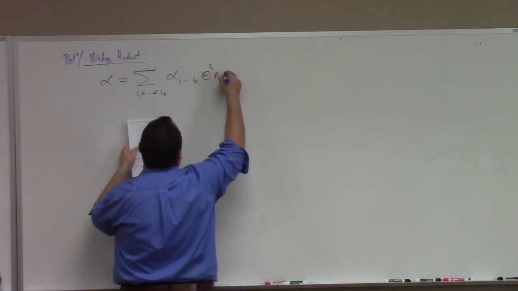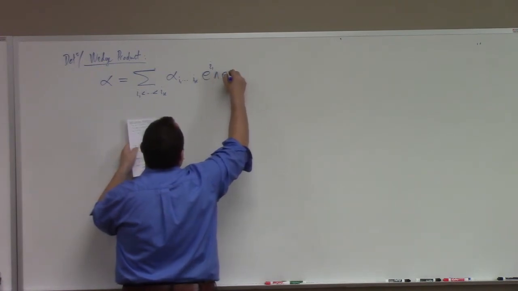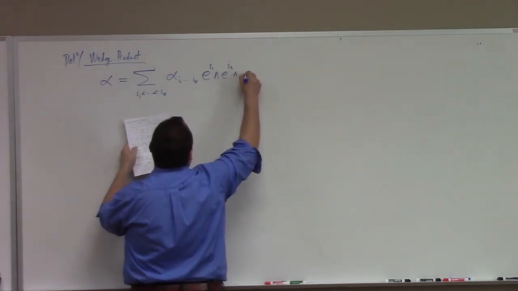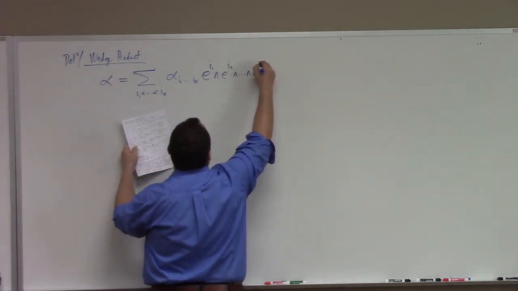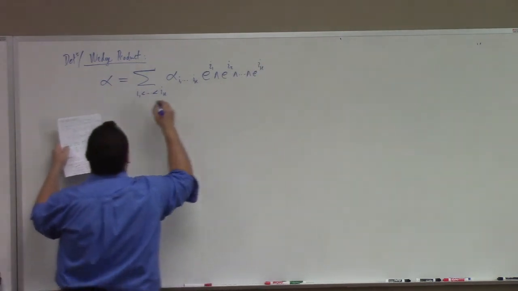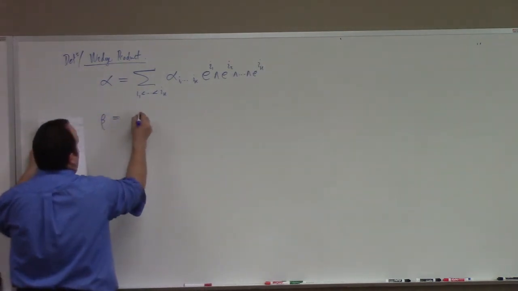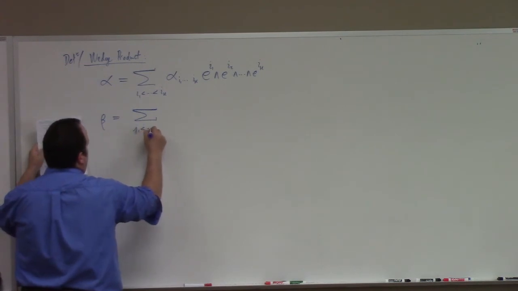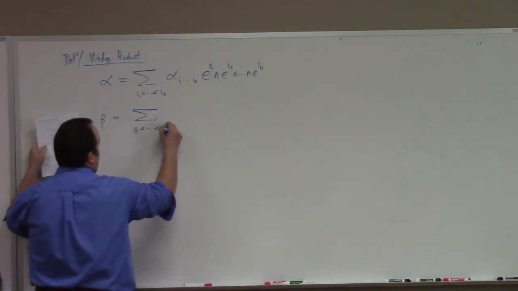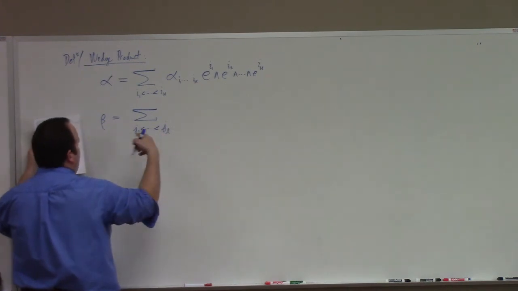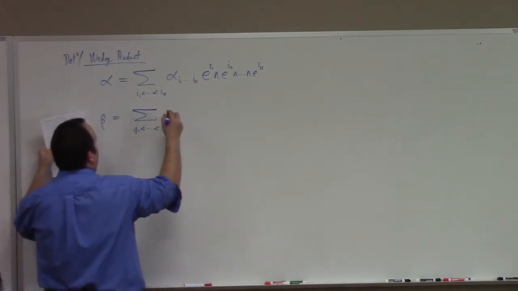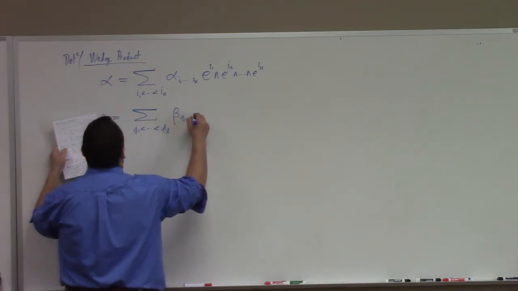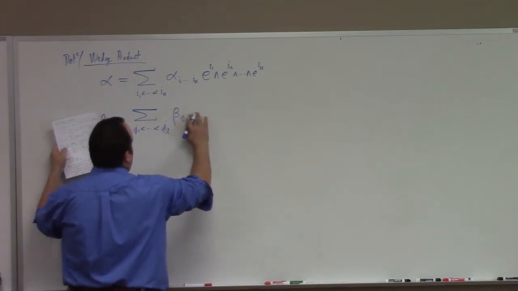I'm just going to do it like it should be done. I'm just going to put the wedges in here. He drops the wedges for these, and that's okay. It's just a shorthand for him. I'm going to do it this way. So the sum over J1 less than up to J sub L. He says beta is a 1 form in the book. That's a typo, because he apparently means it's an L form if you read everything past that point.